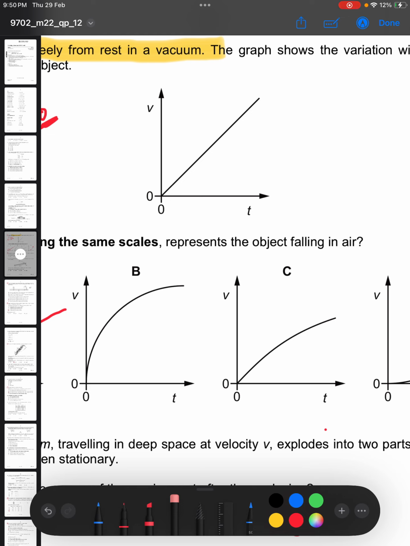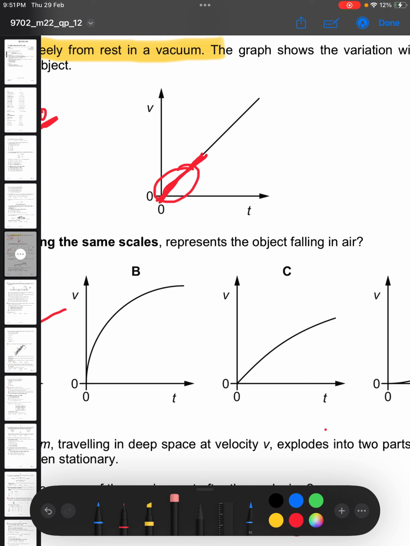The reason why C is the answer, and I didn't want to circle it all at once, is that they said we are drawing on the same scales. So this graph was already representing the gradient that will be expected for an acceleration of 9.81.